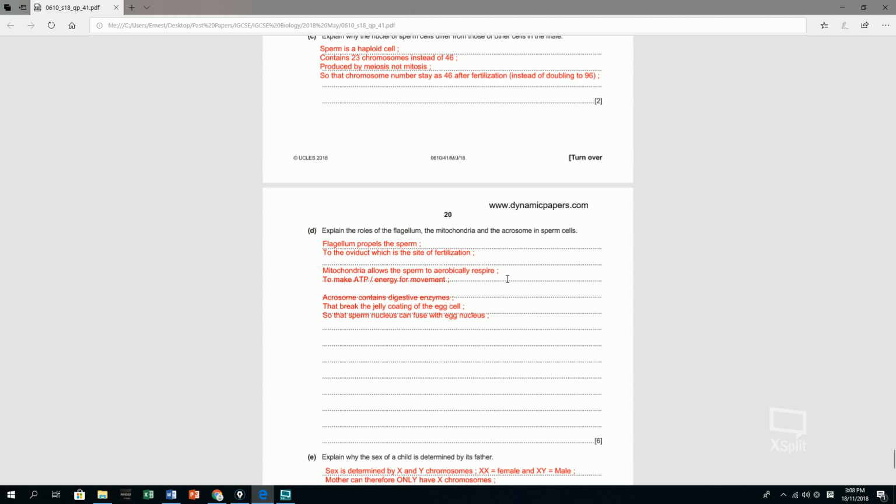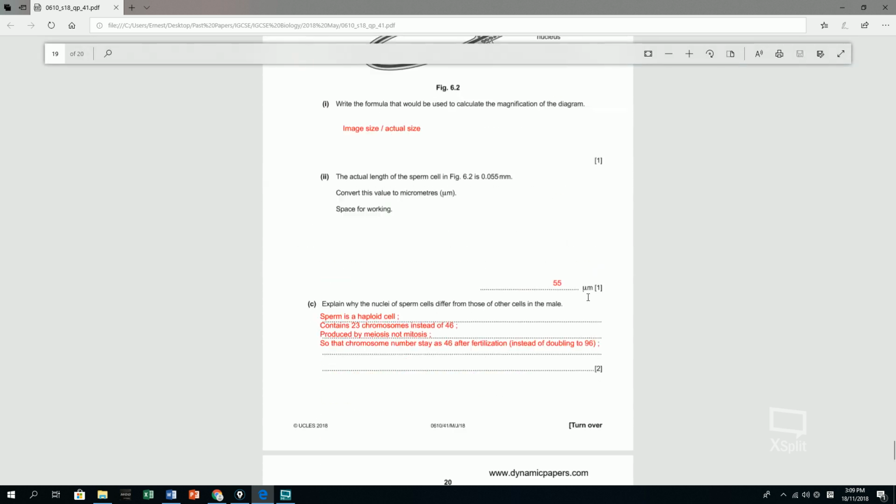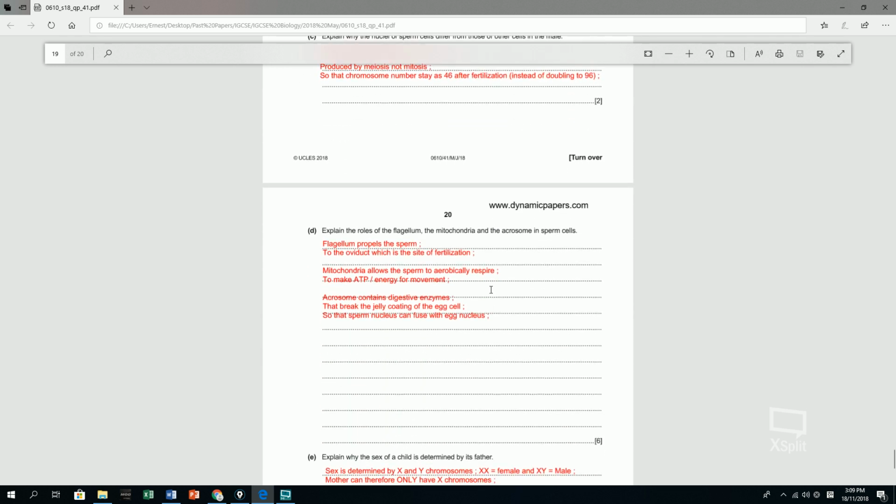The mitochondria allows the sperm to respire aerobically, producing energy that is required for the movement that the flagellum gives it. The acrosome, which is in the head of the sperm, contains digestive enzymes which break the jelly coating of the egg cell, allowing it to penetrate so that the sperm nucleus can fuse with the egg nucleus in fertilization.